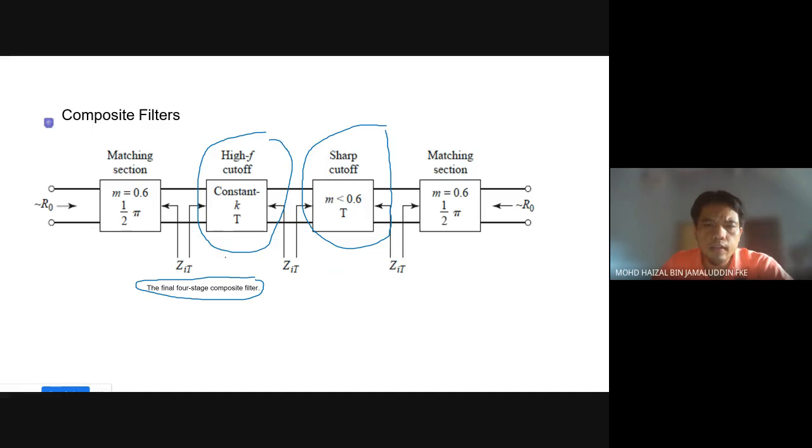It combines these with a matching section for both input and output here. So we have the combination of constant K and m-derived sections, and we have matching sections for both left and right.